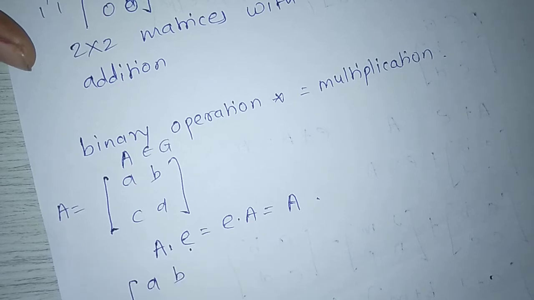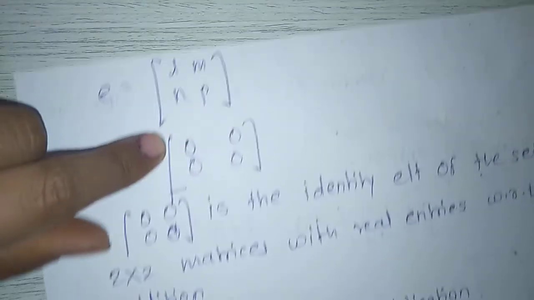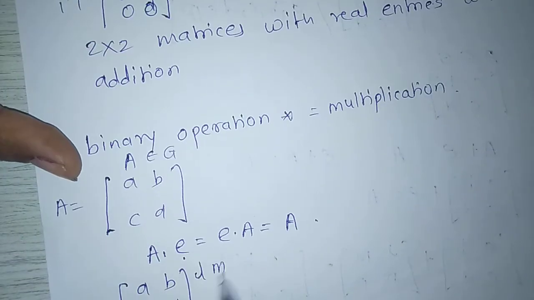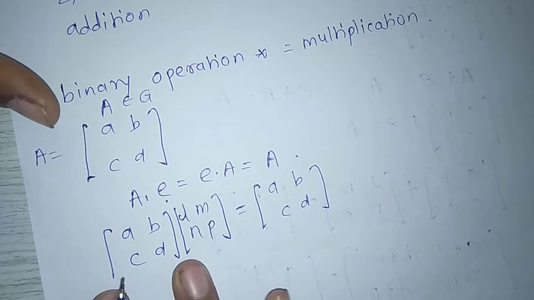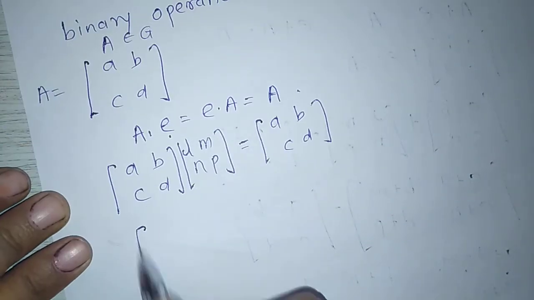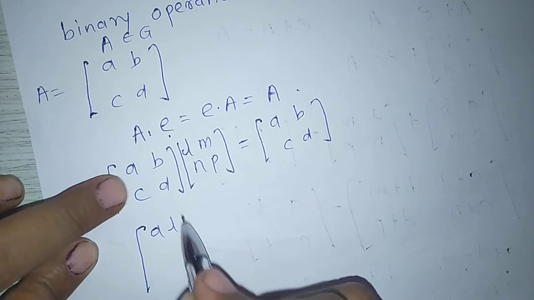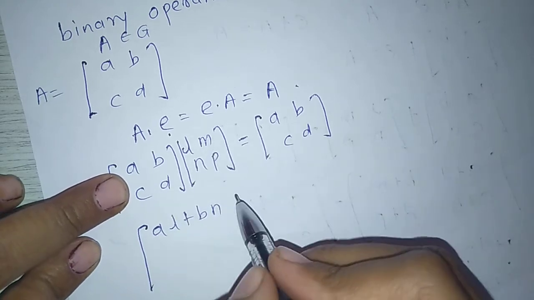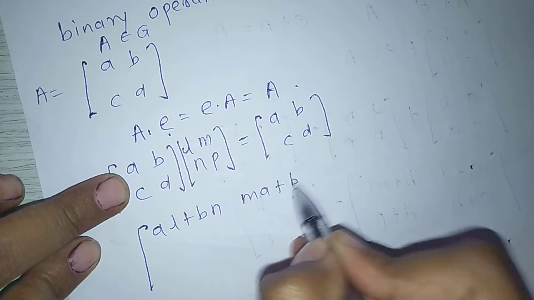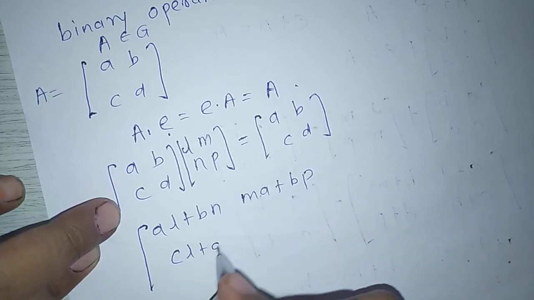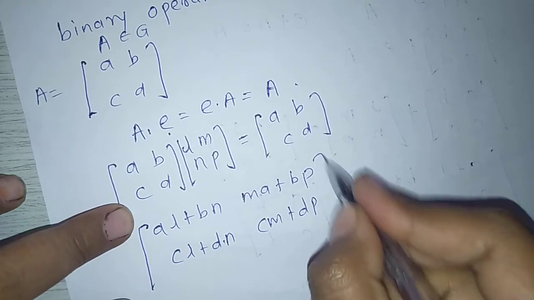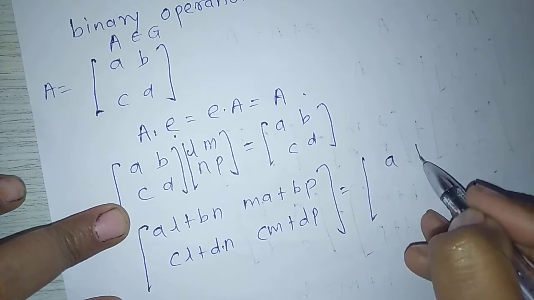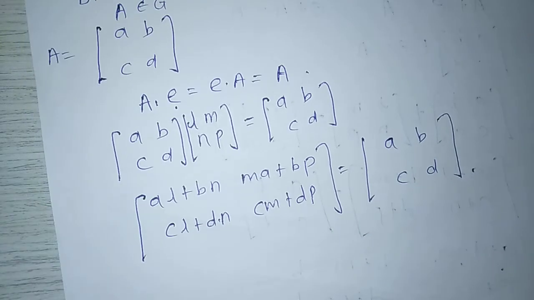Here we take E equal to [L, M, N, P], which must be equal to A. Multiplying these two matrices, we get [A into L plus B into N, A into M plus B into P, C into L plus D into N, C into M plus D into P], which is equal to [A, B, C, D].